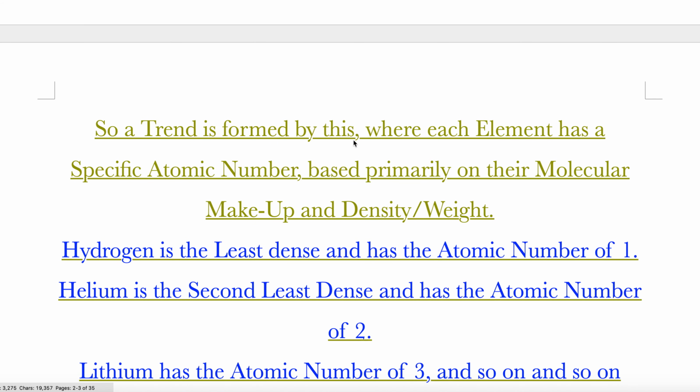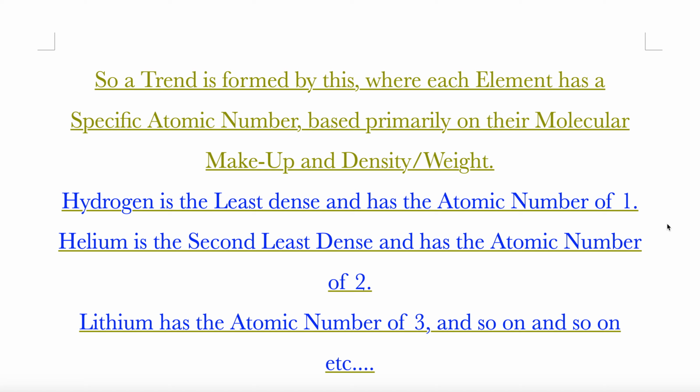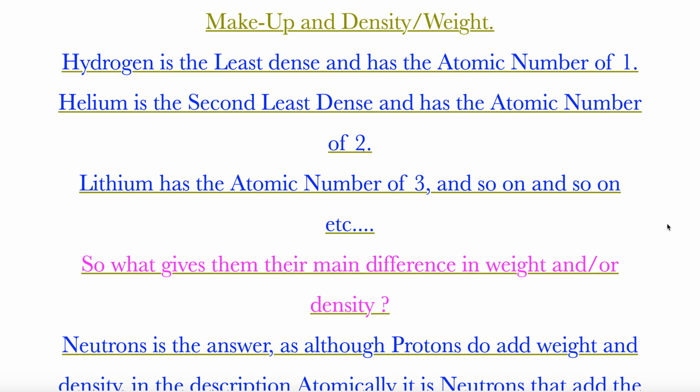So a trend is formed by this, where each element has a specific atomic number based primarily on their molecular makeup and density weight. Hydrogen is the least dense and has the atomic number of 1. Helium is the second least dense and has the atomic number of 2. Lithium has the atomic number of 3, and so on, etc.